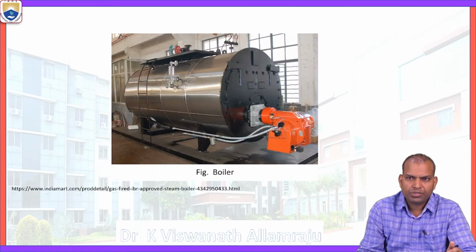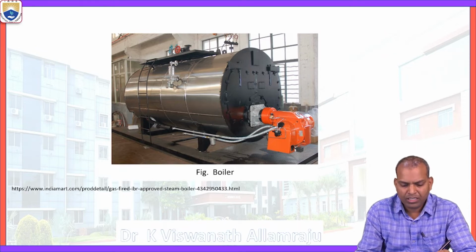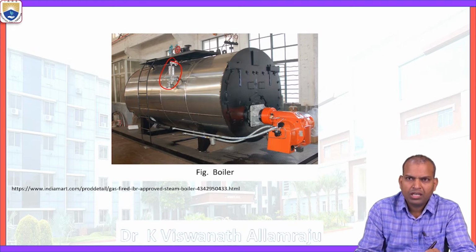Now here, suppose this is a boiler shell, an example of a thin shell. The thin shell is not only cylindrical, it is a closed one. For a boiler there are different attachments: the pressure gauge, safety valves, inlet port and outlet.